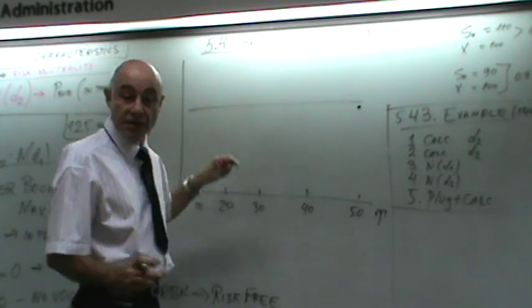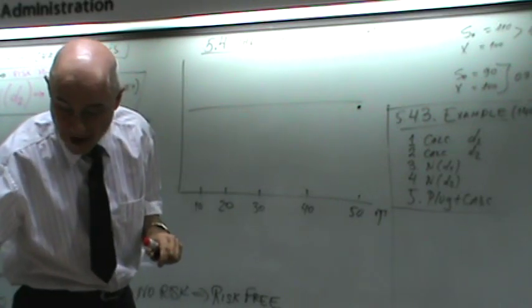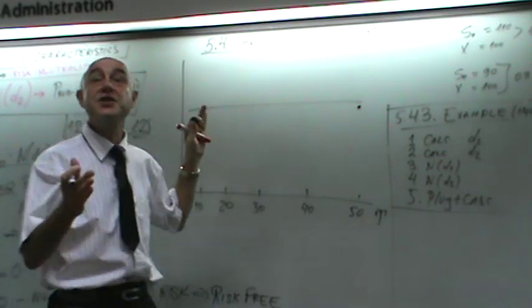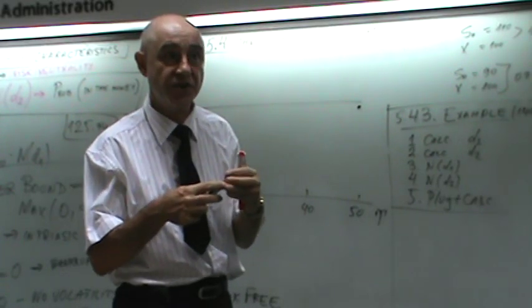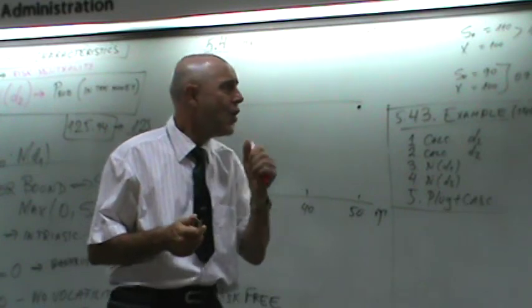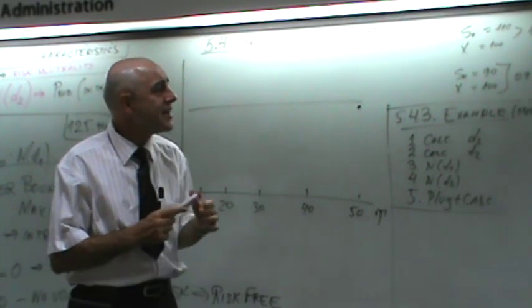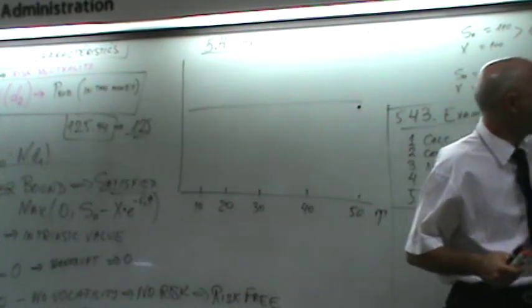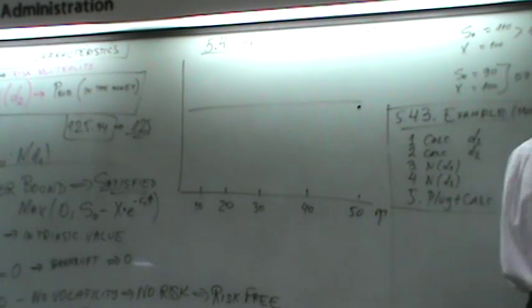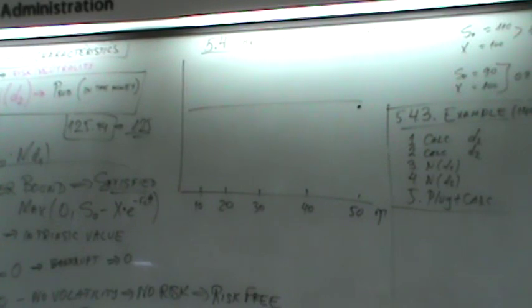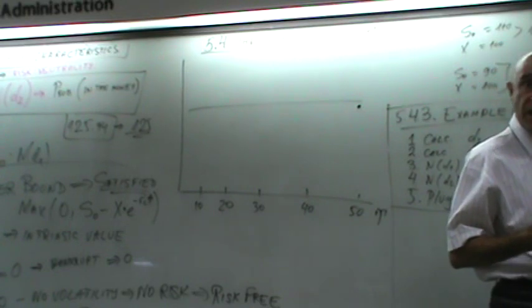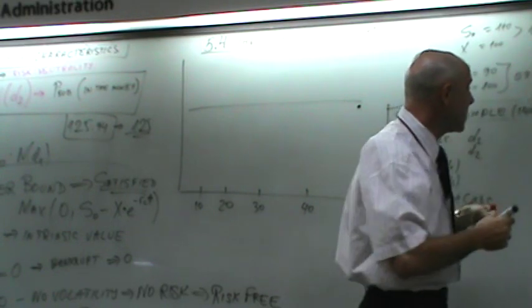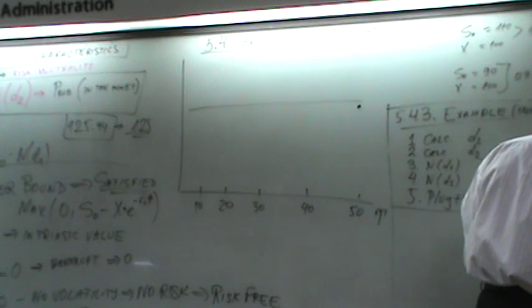And then the question becomes, what happens to the delta as you get closer and closer to expiration? What does it mean, delta being very high? Here the delta is high, and here the delta is low.